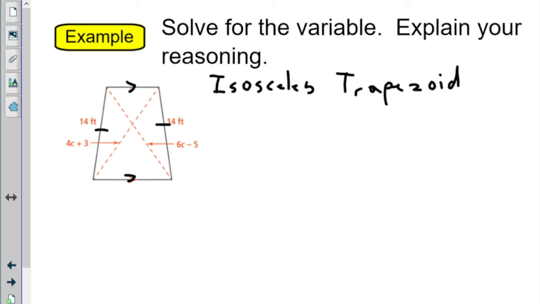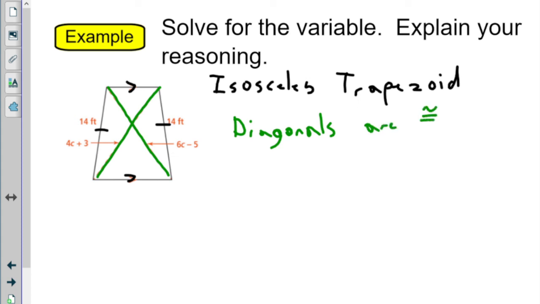Which is good news for us because we know something about an isosceles trapezoid, which is that these diagonals, which are the things we're trying to find out about, in an isosceles trapezoid are congruent, which gives me my equation.